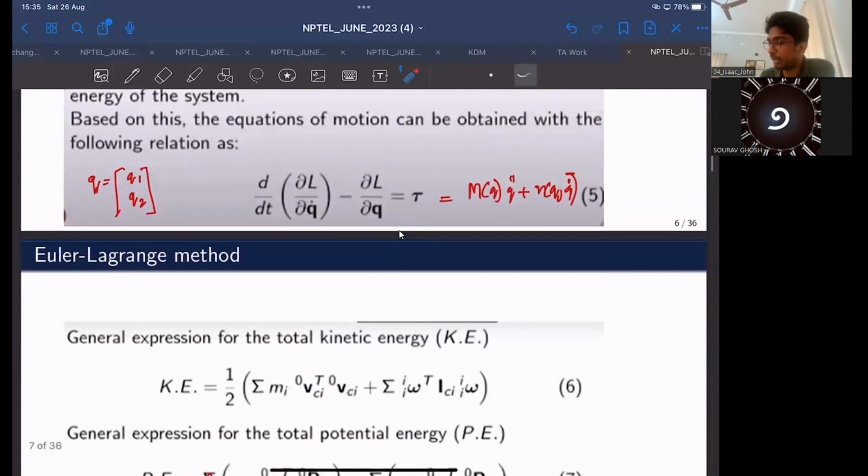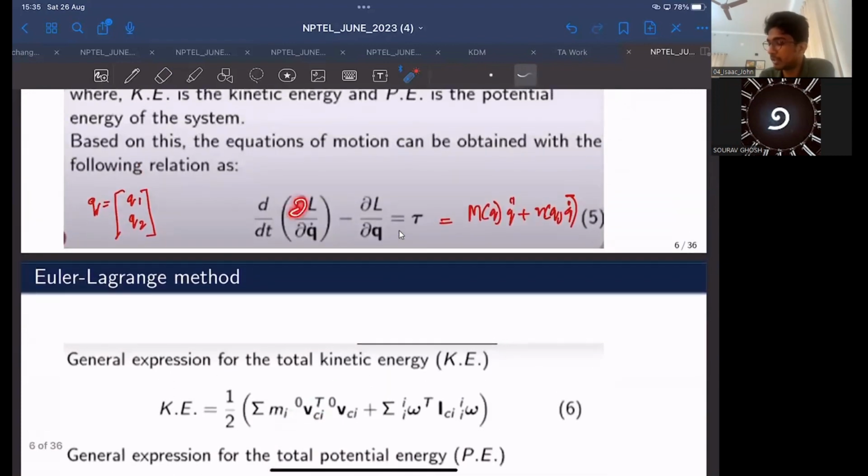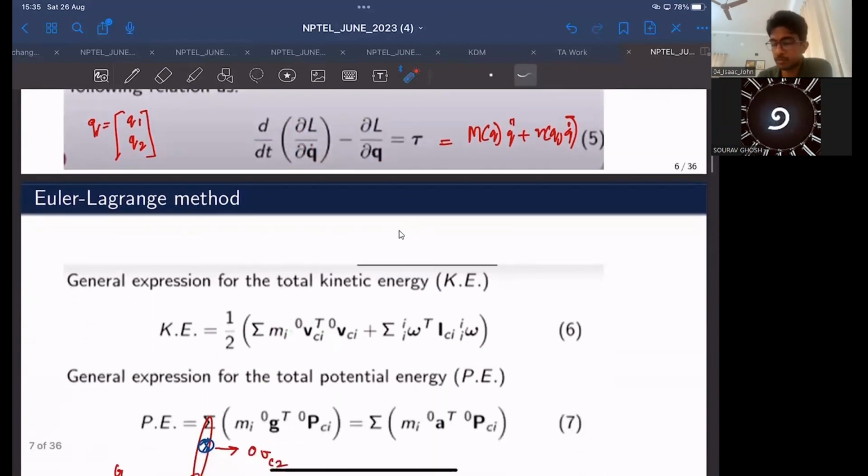You'll also have to take the partial derivatives with respect to the velocity vectors as well as the position vectors. So it could get more of a headache as the number of degrees of freedom increases.